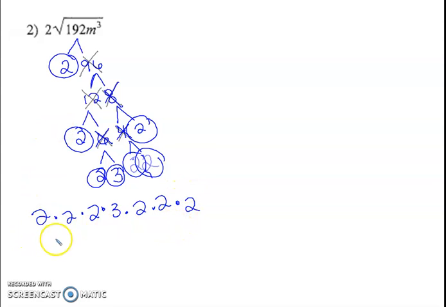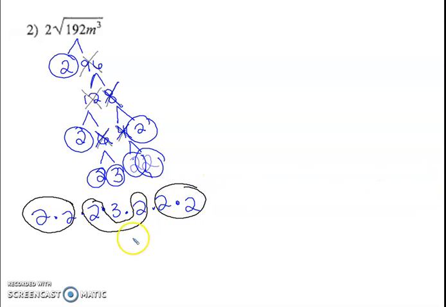So then I can take them out in pairs. I have one pair of 2s, another pair of 2s, and a third pair of 2s. I'm going to leave this for just a sec. That 2 out front is just going to come over here. Each pair becomes one thing.